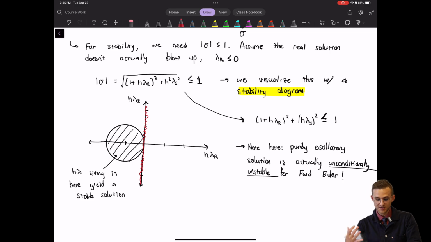So when you're using forward Euler, explicit Euler, if your solution is purely oscillatory, or even if it has a very strong oscillatory component or behavior, it's almost certainly going to give you a non-physical result. Okay. So that's something to keep in mind.